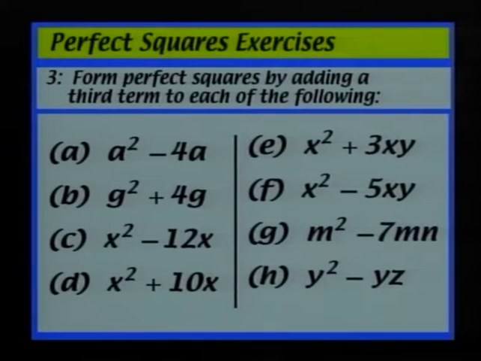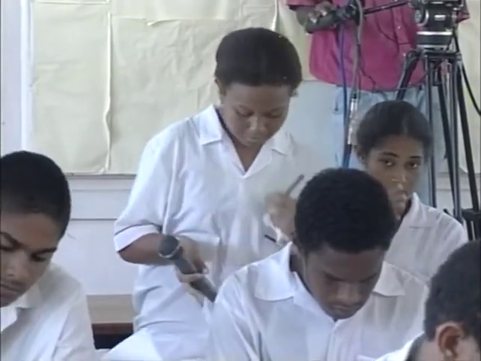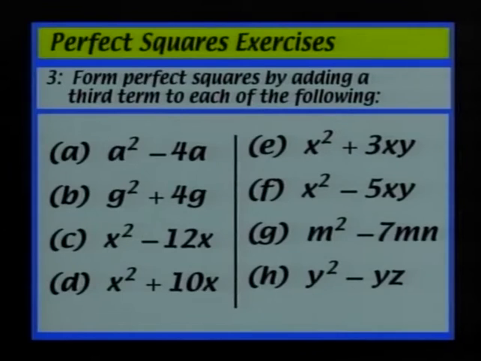Okay, A squared minus 4A plus 4. Rita, B? G squared plus 4G plus 4. Okay, it's also 4. Letter C, Margaret? X squared minus 12x plus 36. Letter D, Geno? X squared plus 10x plus 25. Good. Letter E, Boromeo?